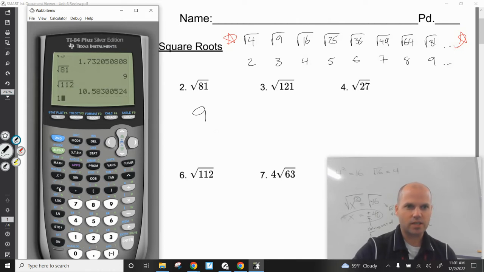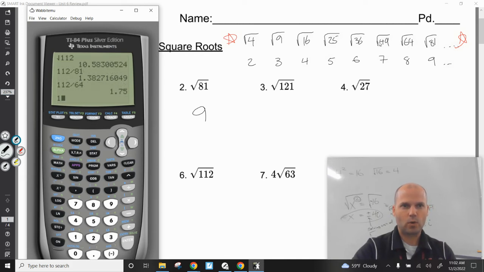Okay, so I start taking 112 and dividing it by big perfect squares like 81. Let's try 64. Let's try 49. Let's try 36. Let's try 25. Let's try 16. Oh, okay.